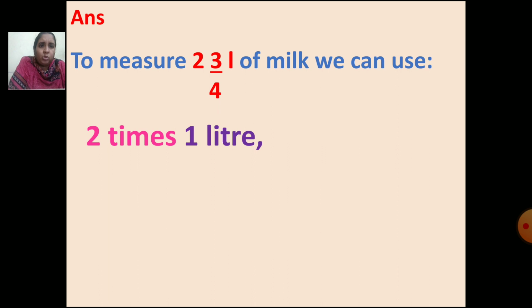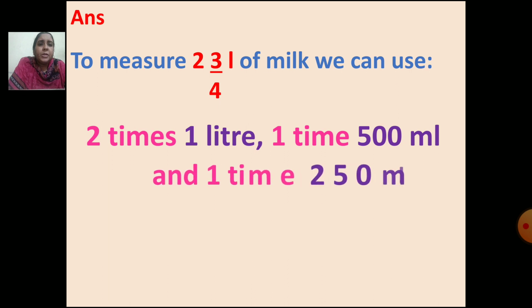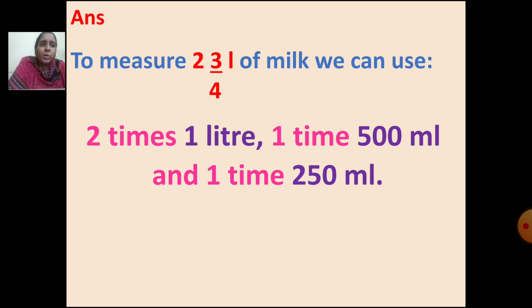Either we can use 2 times 1 liter, 1 time 500 milliliter, and 1 time 250 milliliter. Means 2 times 1 liter. When you take 2 times 1 liter, it will become how much? 1 liter plus 1 liter, it will become 2 liter, right?